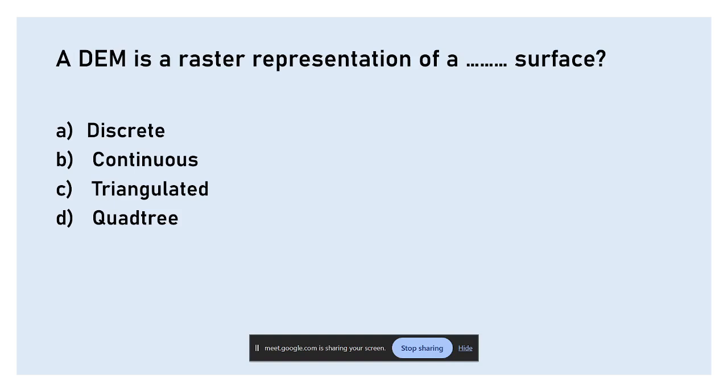So yeah, what does a DEM show? It's a raster representation of what kind of surface?